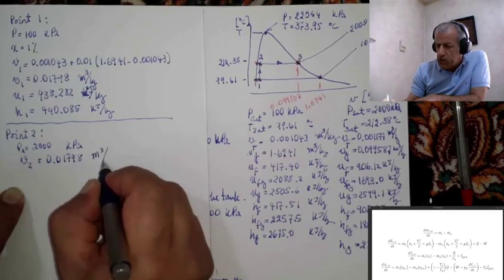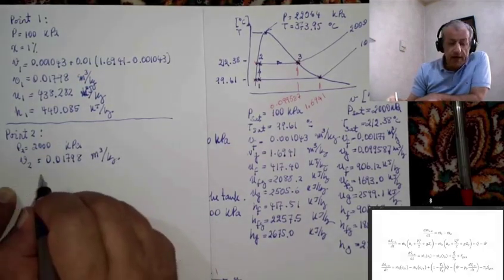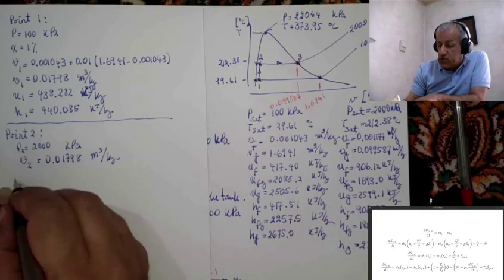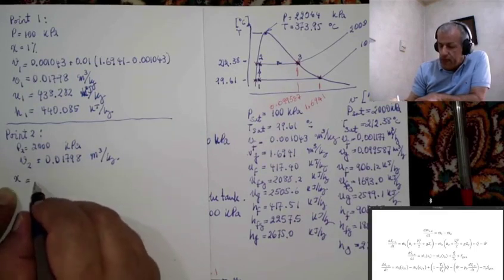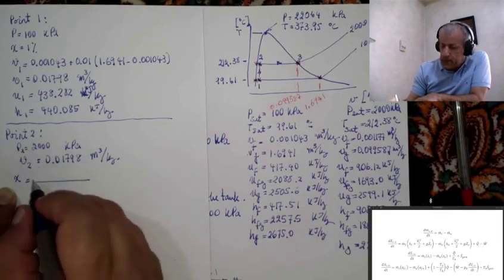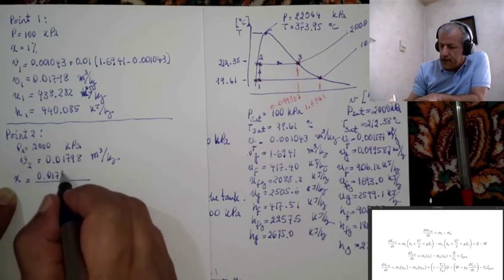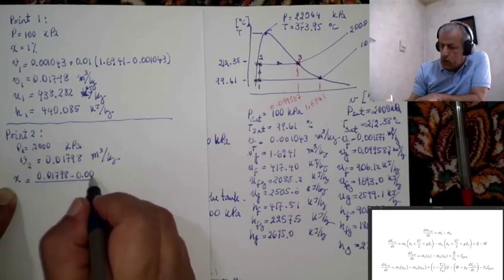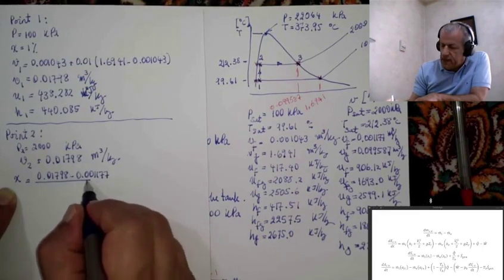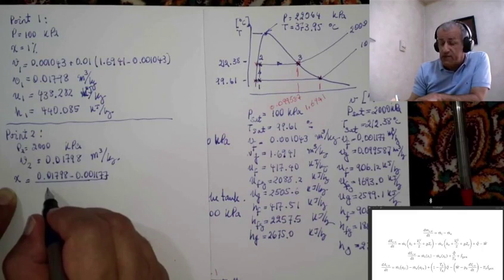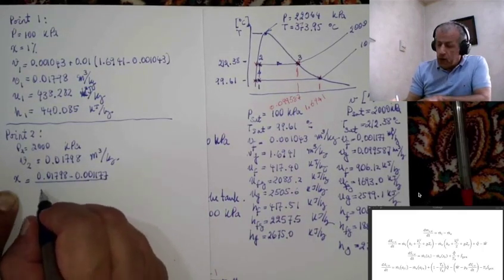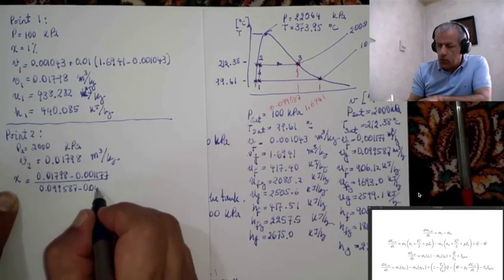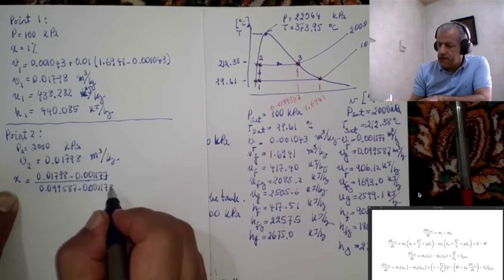0.01798 cubic meters per kilogram, and therefore now, since we know vf and vg, we are in a position to calculate x. x would be 0.01798 minus vf, which is 0.001177, divided by vg minus vf, which is 0.099587 minus 0.001177.